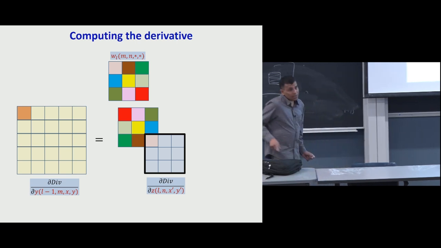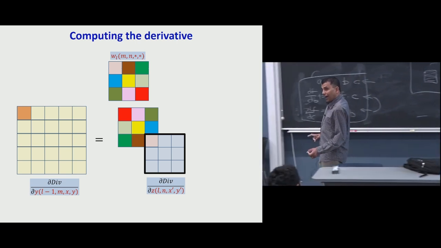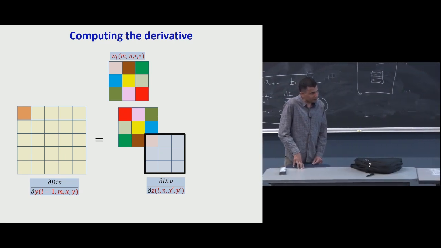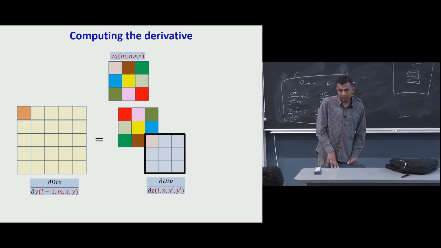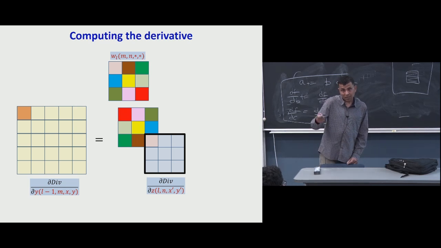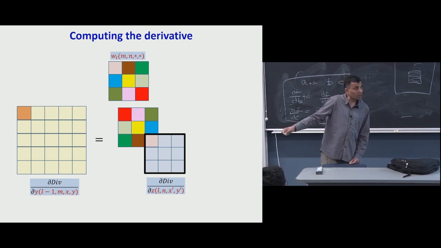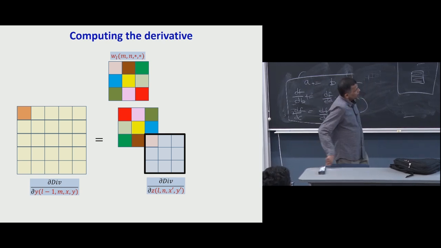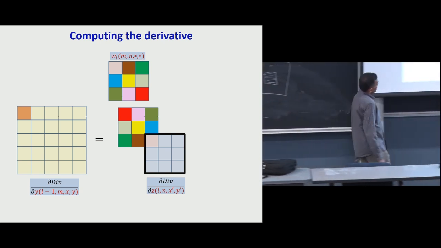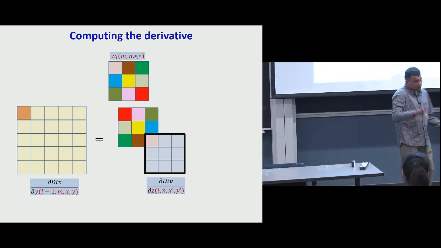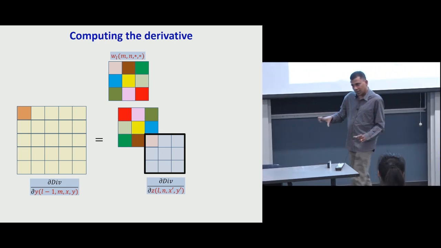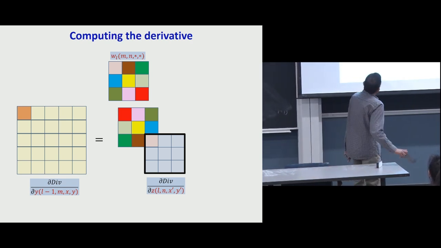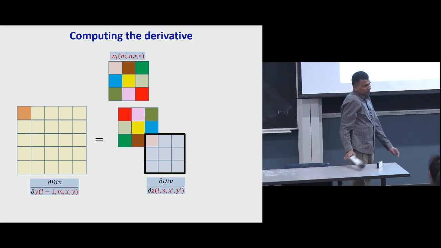And now to compute the derivative with respect to y, I'm going to start off with the derivative with respect to z. I'm going to flip my filter, and look at how I'm computing it, because I'm talking about the bottom right corner of the inverted filter, correct? So this is how I would compute. I'd position the filter on top of the z derivatives to compute the derivative with respect to y at that location.